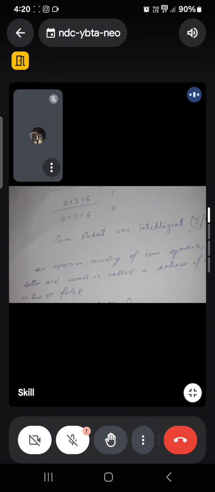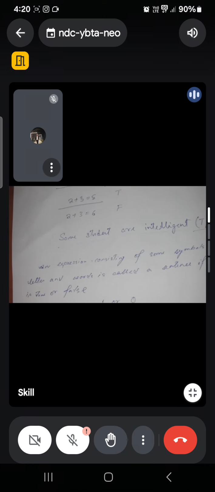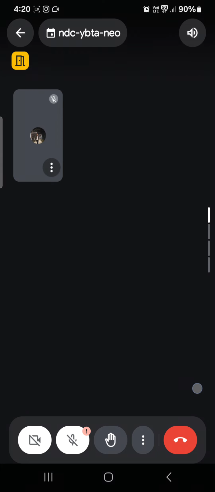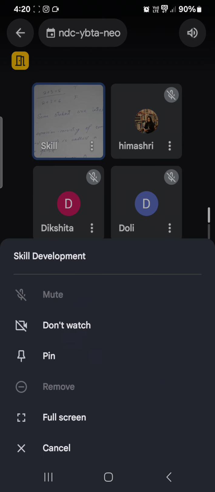So we can say this propositional logic can be divided on the basis of syntax or semantics. Semantics is, you can say, atomic or complex.